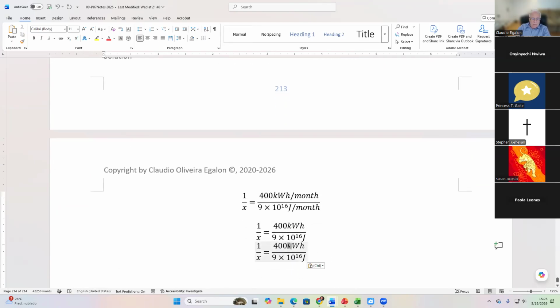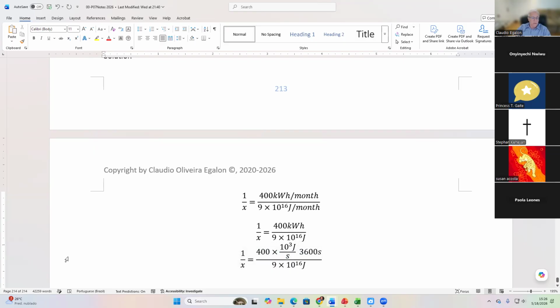Kilo is 1,000, and watts is joules per second. And 1 hour is 3,600 seconds. That's how we do the conversion from kilowatt hour to joules.